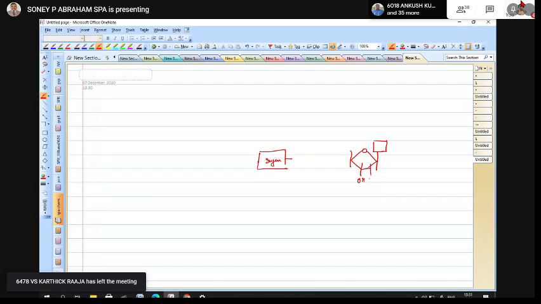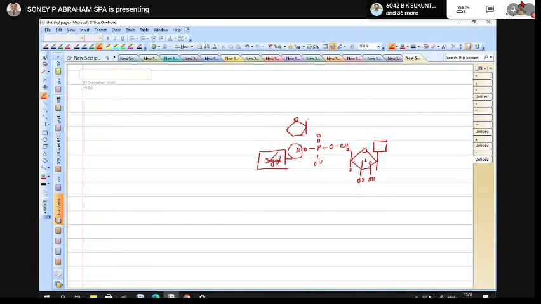Now here this CH2 O P double bond O OH and another OH group is present. Here hydrogen. Now this OH group will combine with the third carbon of another sugar molecule. Here base is there. Here other things remain same. So this is the third carbon.